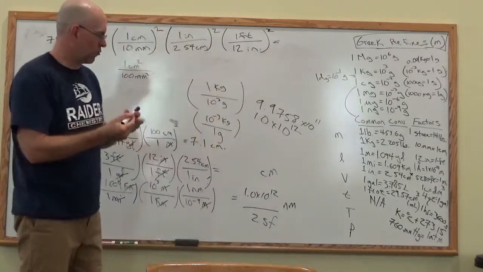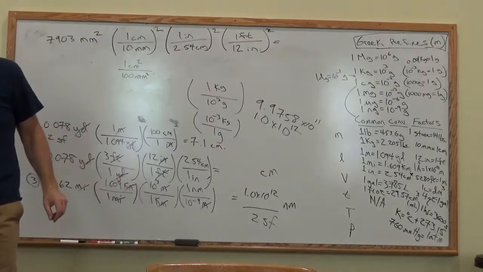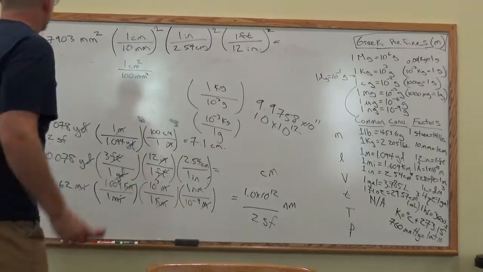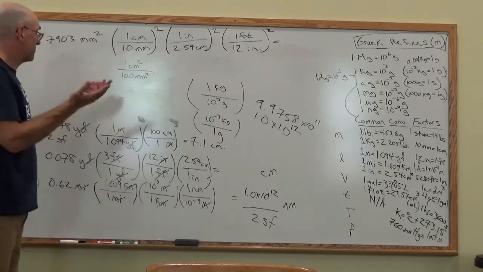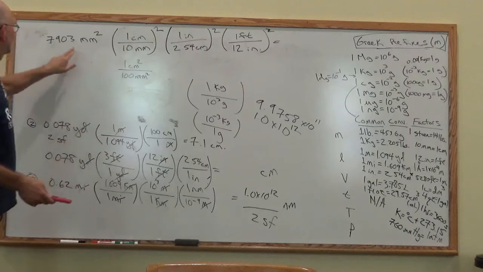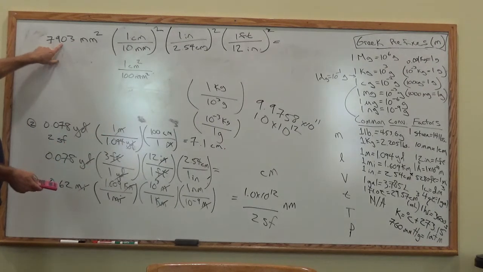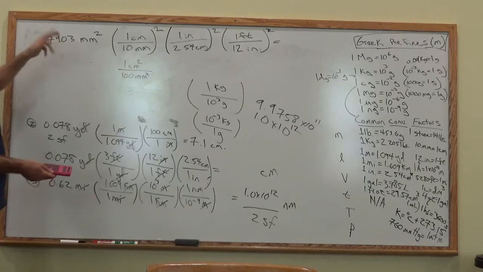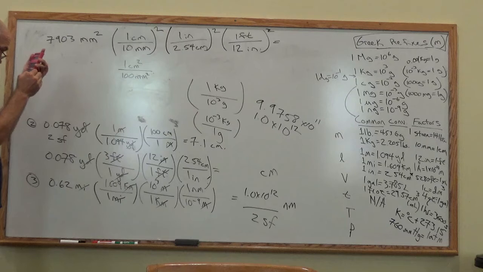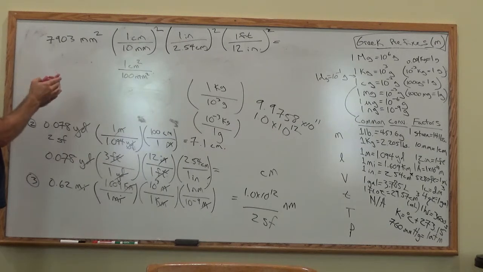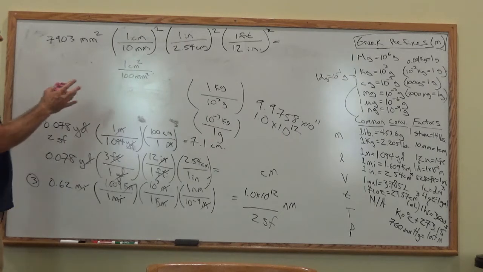Oh, by the way, this is one of your homework problems. So let's try it. So I'm going to take this divided by 100. Okay, and 7903 divided by 100 is going to be 79.03. Just move the decimal. So I'm going to start with 79.03 divided by 2.54 squared. Oh, that's not 2.54 squared.